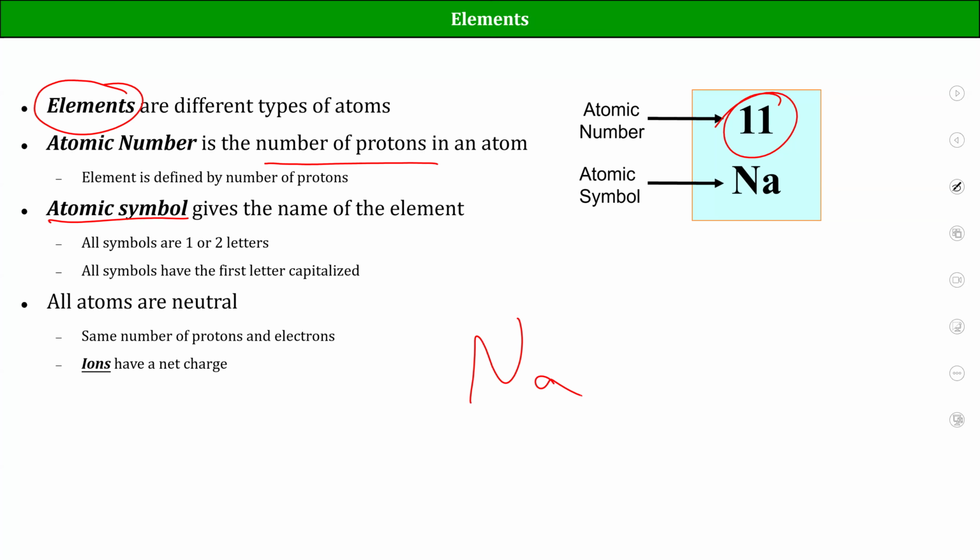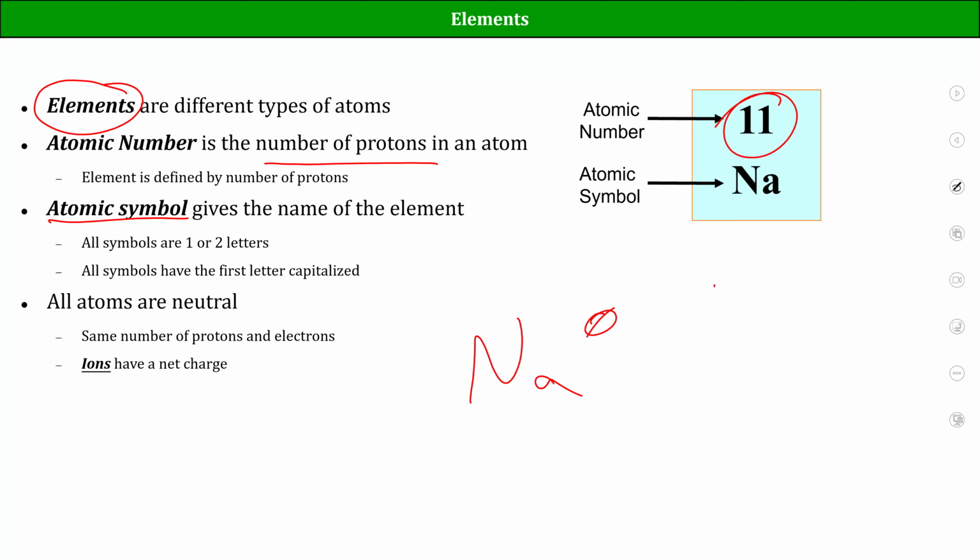It's got an atomic number of 11. So how many protons does it have? 11. How many electrons does it have if it has a charge of 0? If it's got a charge of 0, if it's neutral, it's got to have the same number of protons and electrons.